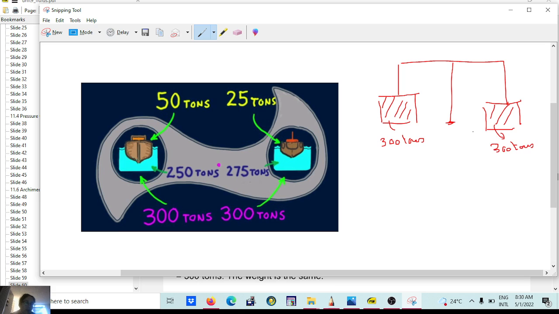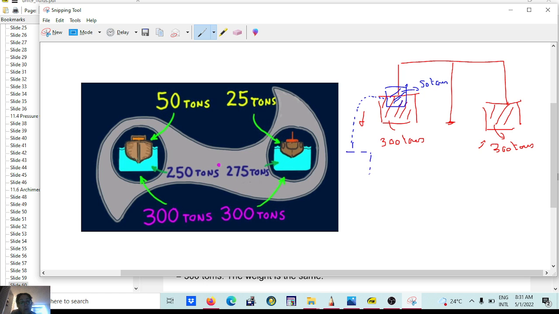And let's say there is no boat, so of course, you give a little push and it's going to rotate up, and this one is going to rotate down. So you have to push it, but not that much, right? Because it's in balance. Now what's going to happen if you put a boat? So if you put a 50-ton boat inside, because it's floating, it's going to displace water, so you're going to have water overflowing here.